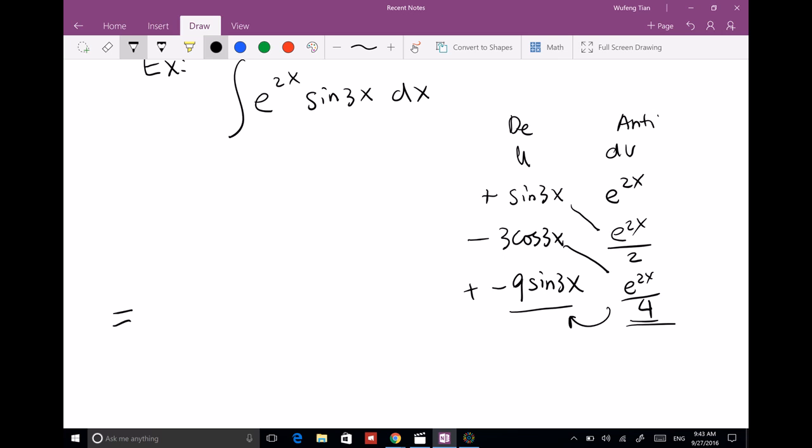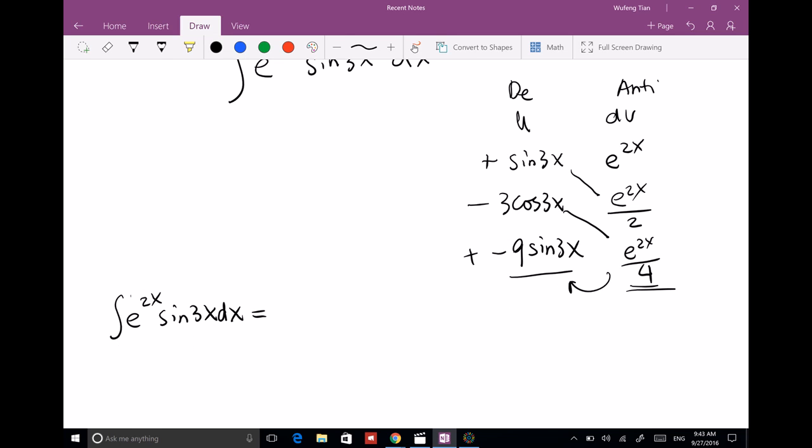All right. So if I write it out, it's going to be equal. The antiderivative is e to 2x sine 3x. I want to repeat that here because it's too far away from there. The reason I do that, I want you to look at something.